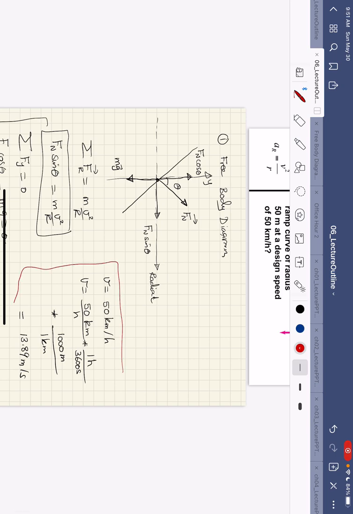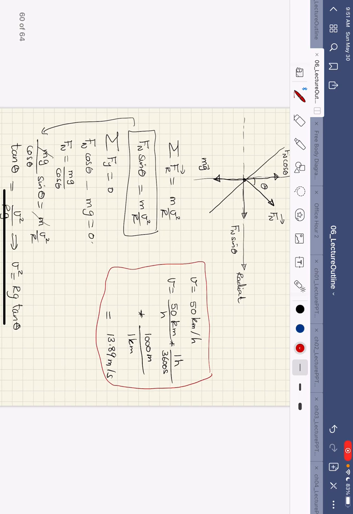You cannot have it in that unit. I drew here the free body diagram and analyzed the normal force in the radial direction, which is Fn sine theta, and then I applied sigma Fr equals mv squared over r, so Fn sine theta equals mv squared over r.